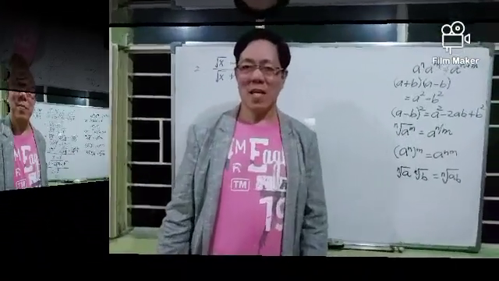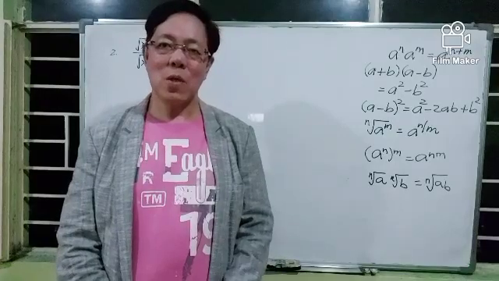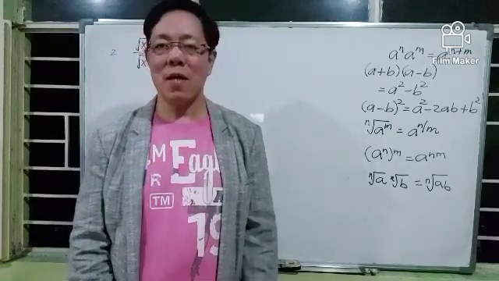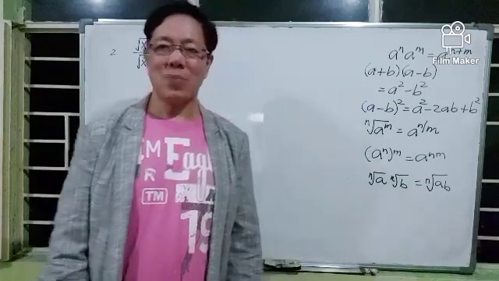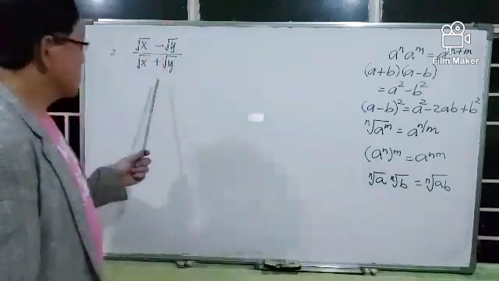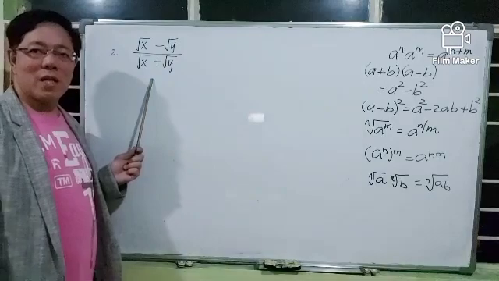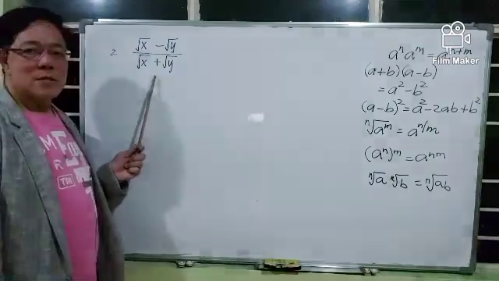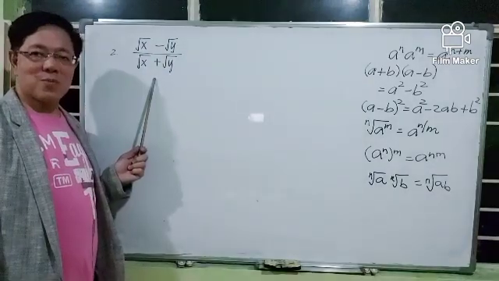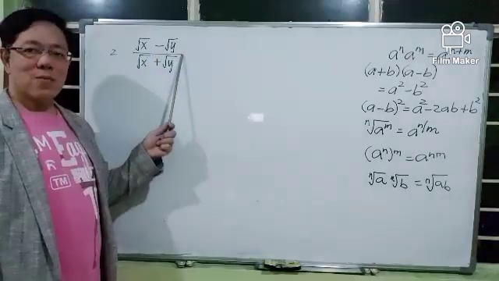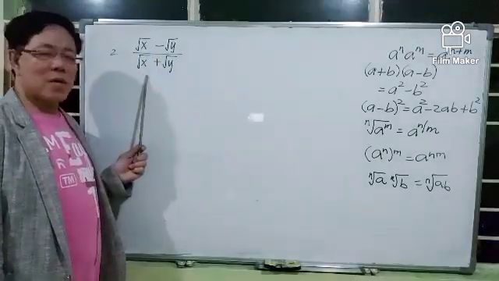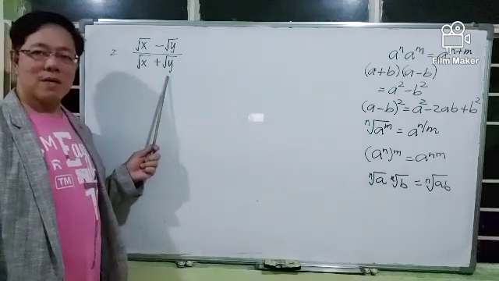We take a second example in which we will now rationalize the numerator of the given rational algebraic expression. Consider again this rational algebraic expression, the same rational algebraic expression in number 1, square root of x minus square root of y all over square root of x plus square root of y.